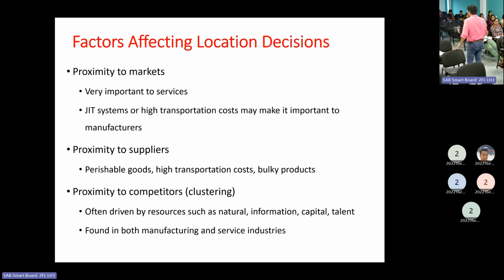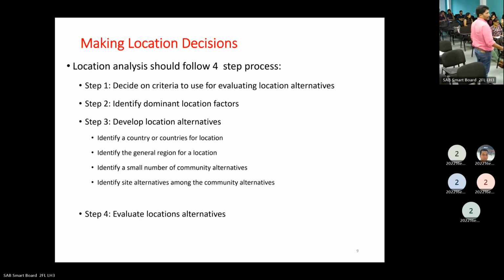Hotels and restaurants, because the market is available. Likewise, right? So factors affecting the location decisions are of various types. Here we identify three main factors. There are many such. We'll discuss such factors here under different steps, right?